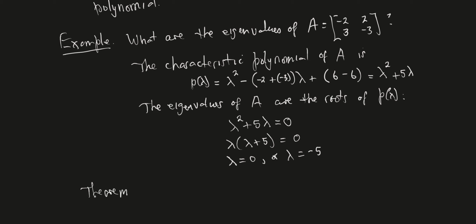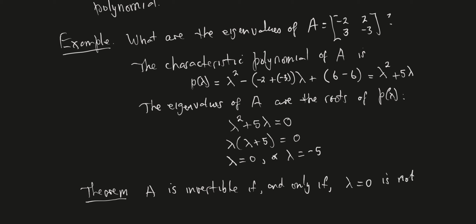Let's say A is invertible if and only if lambda equals 0 is not an eigenvalue of A, right?